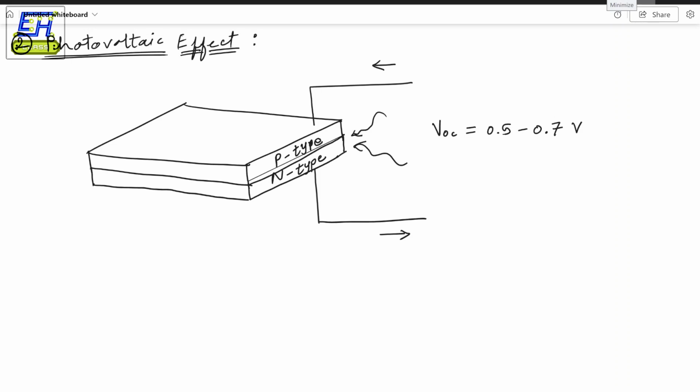And the key trick here, in the construction of the solar cell, is to make the upper layer as transparent as possible, so that the light can shine through from above and actually reach the junction where the real magic happens.